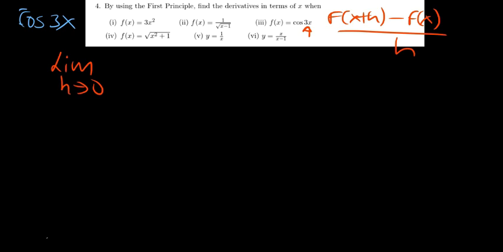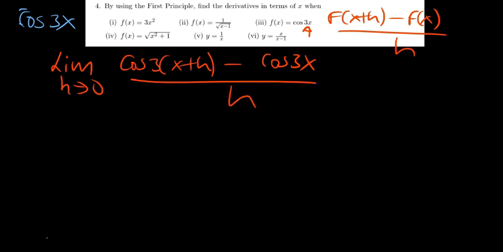Okay, that's the step we're going to make there. So we're going to have cosine and then 3, where there's x, we're putting x plus h, minus f of x, which is of course the function itself, cosine 3x, and then divided by h. This is all we are supposed to do.